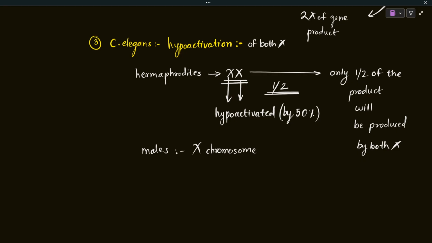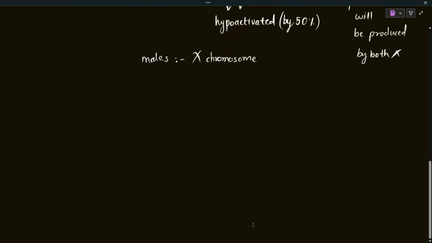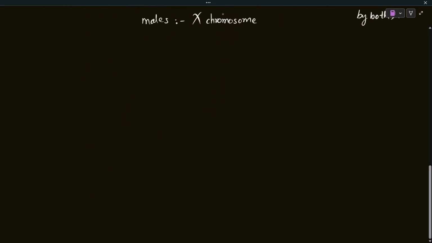So there are different mechanisms. In mammals, one X copy is silenced. In Drosophila, the one X chromosome in the males is hyperactivated, while in C. elegans, both of the X chromosomes present in the hermaphrodite are hypoactivated. So these are three different mechanisms by which dosage compensation is achieved. We are going to discuss X inactivation in detail.